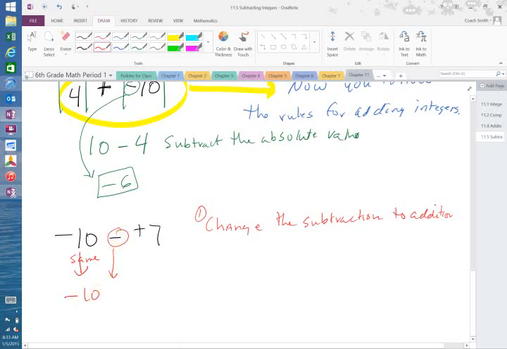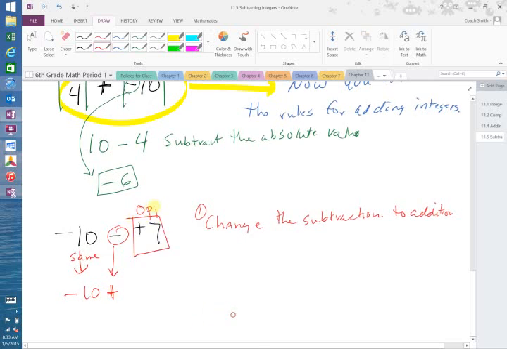We change the subtraction to addition. Then we do the opposite of positive 7, which is negative 7. We change subtraction to addition, and we do the opposite of the number behind the subtraction sign.